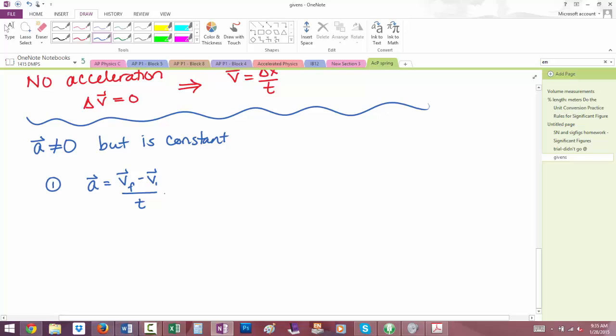But if you look at your equation sheet, that equation isn't written that way. On your equation sheet it is multiplied by time and solved for VF. So it looks like this: VF is equal to VI plus AT.